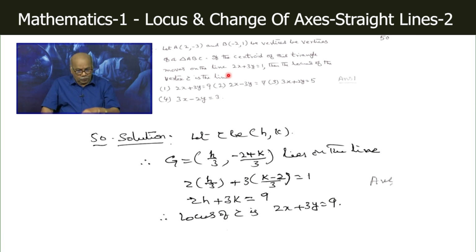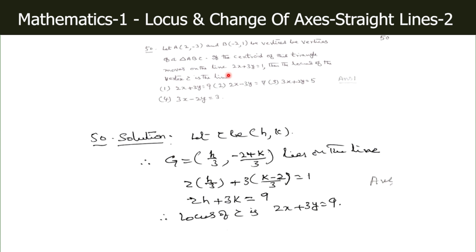is 1, 2x plus 3y is equal to 9, 2, 2x minus 3y is equal to 7, 3, 3x plus 2y is equal to 5, and 4, 3x minus 2y is equal to 3. Now suppose C is (h, k). So therefore G is equal to ((2 minus 2 plus h)/3, (minus 3 plus 1 plus k)/3), that is (h/3, (minus 2 plus k)/3).